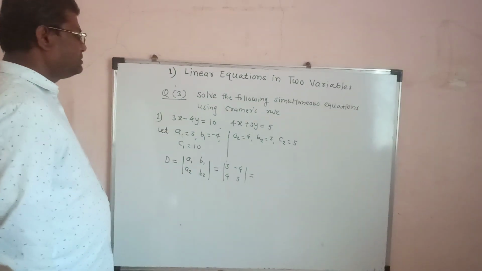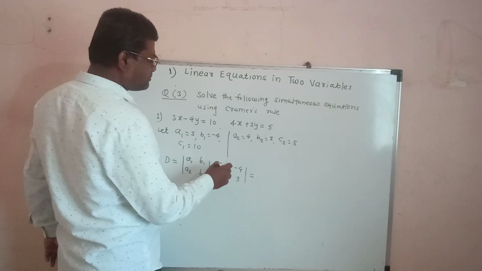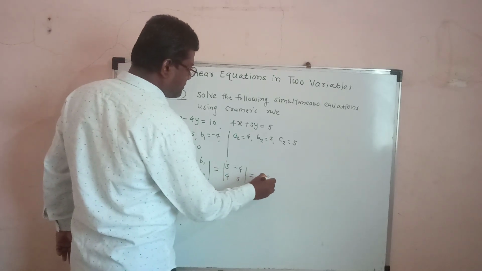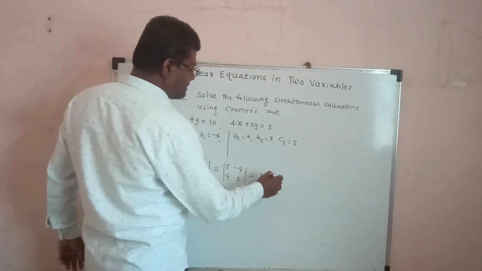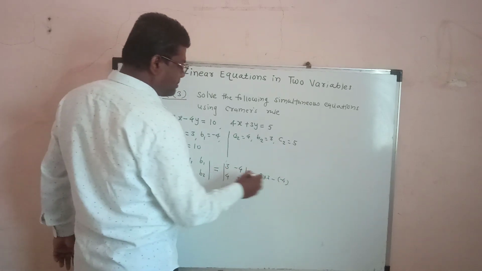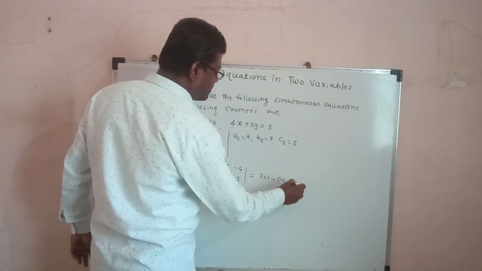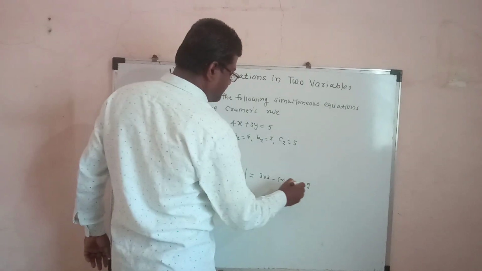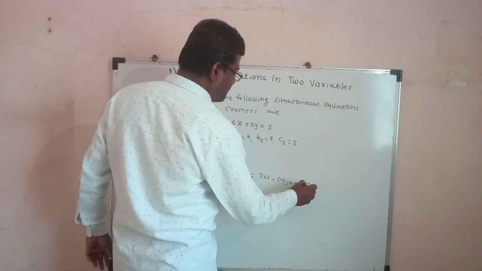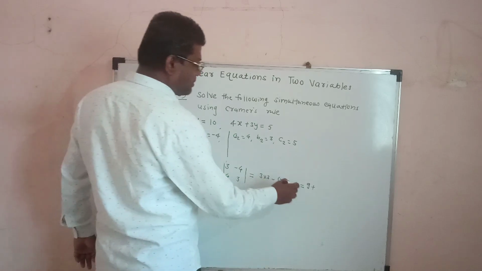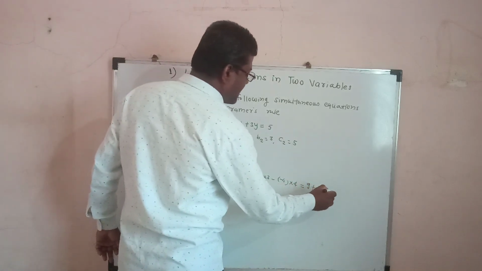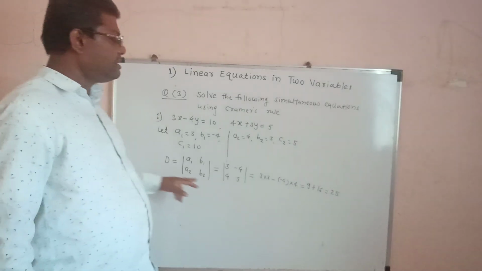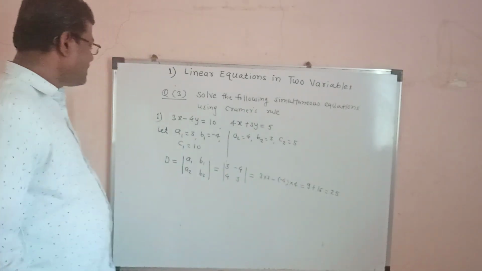So, taking cross multiplication, 3 into 3 minus (minus 4 into 4) is equal to 9, minus minus will be plus, 16. 9 plus 16 is equal to 25. So the value of determinant D is 25.